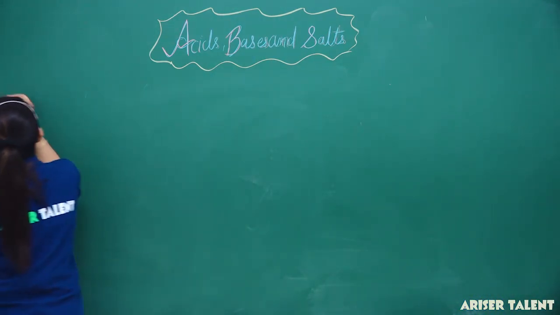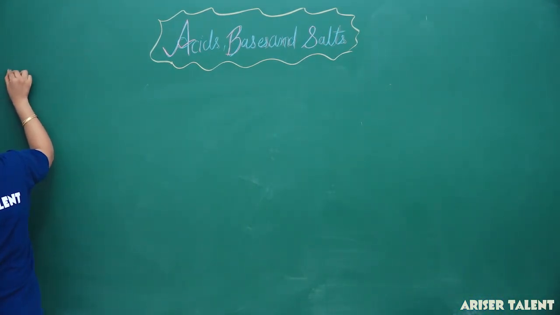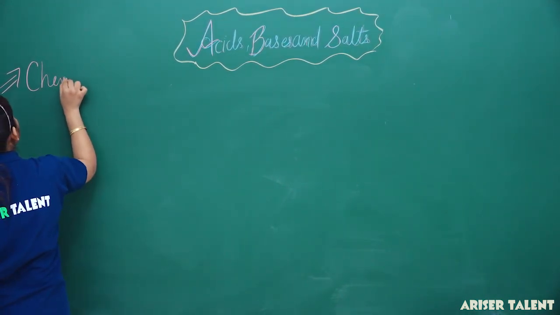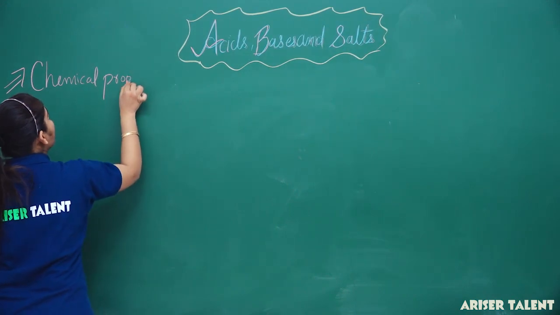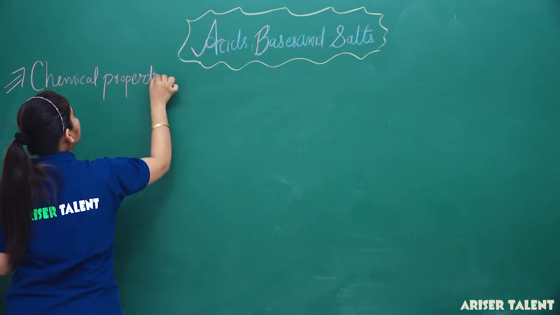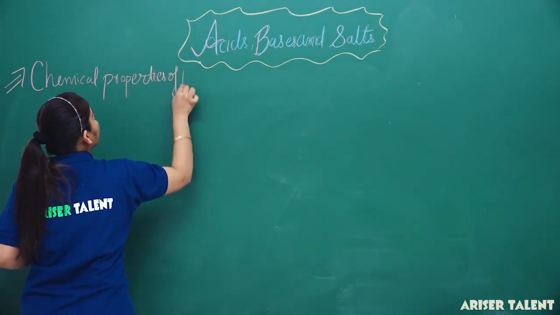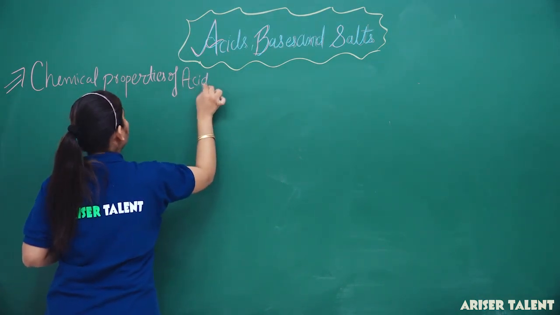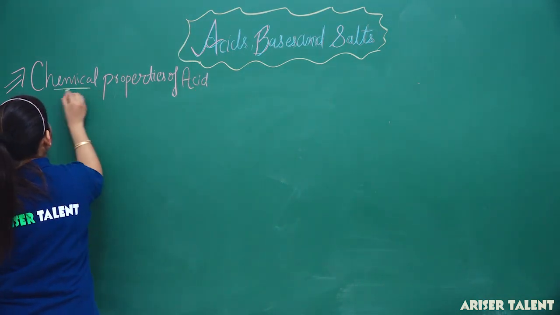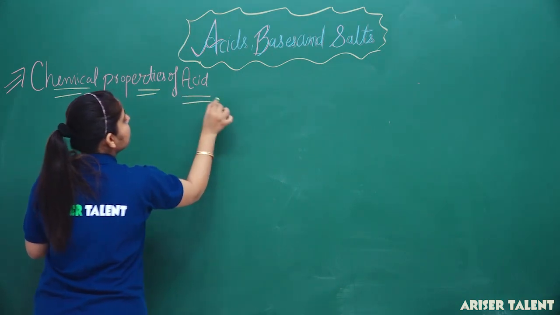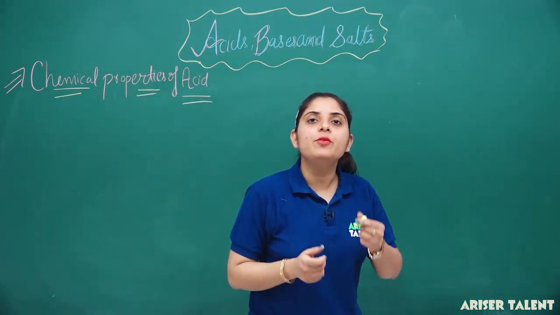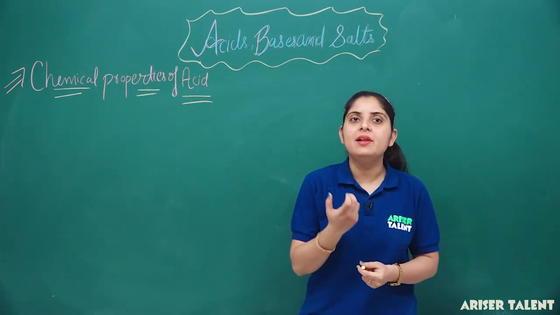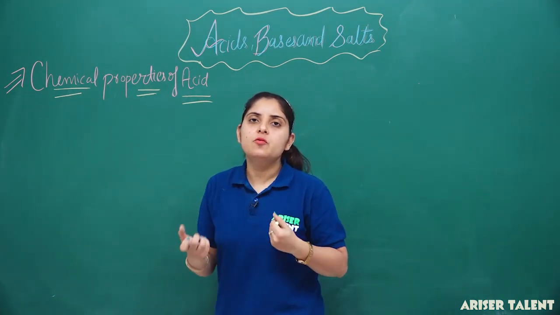So our next topic will be chemical properties of acids. So students, in chemical properties of acid, basically we are going to deal with the chemical reaction of acid with certain forms of compounds.